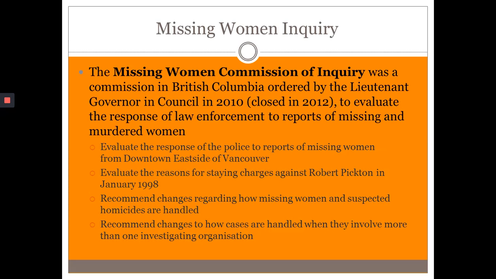It's the British Columbia Commission that set up this Missing Women's Commission of Inquiry in response to his crimes. Not solely to him, because there are other people committing other crimes, but because he was so prolific, and it created such a big scandal in the Canadian press at the time.